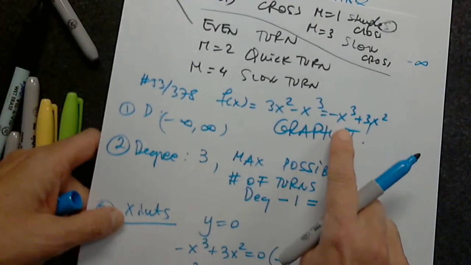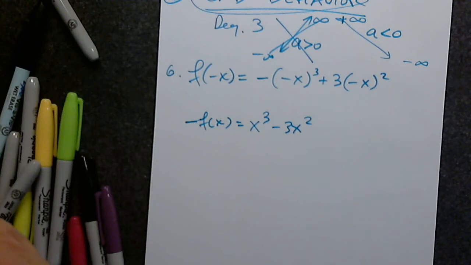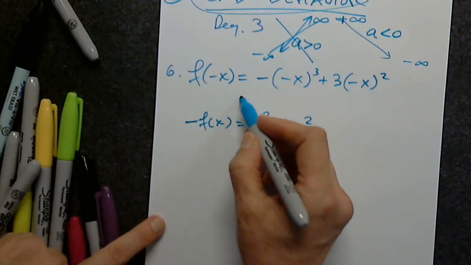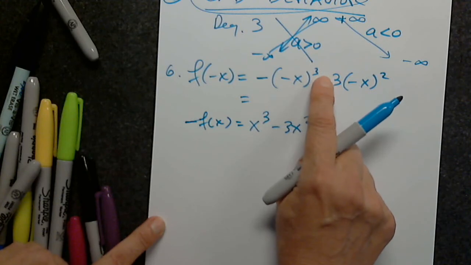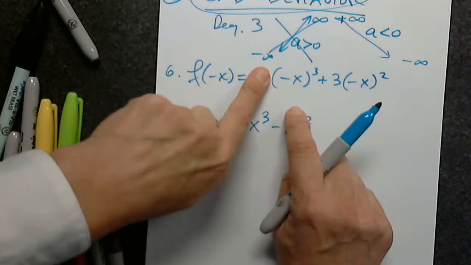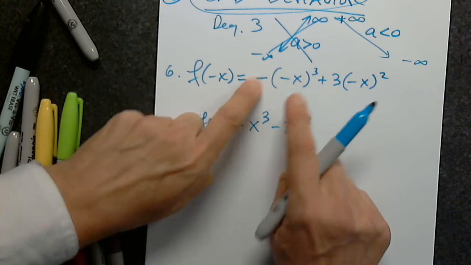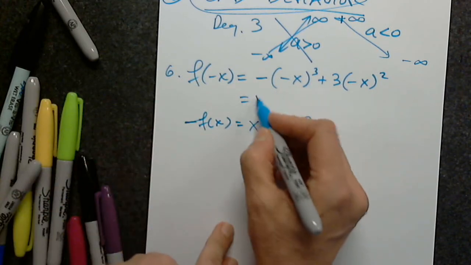Negative f of x is x cubed minus 3x squared. So negative x to the third power is 3 negatives. What is the sign? Negative x to the third times negative 1 in front. Positive x to the third.